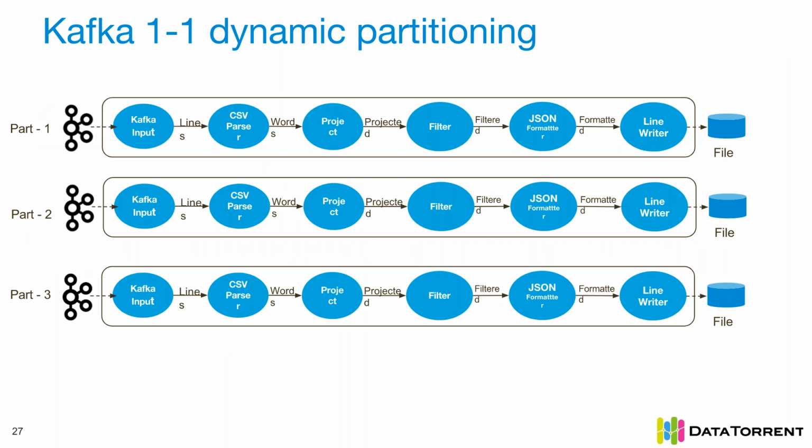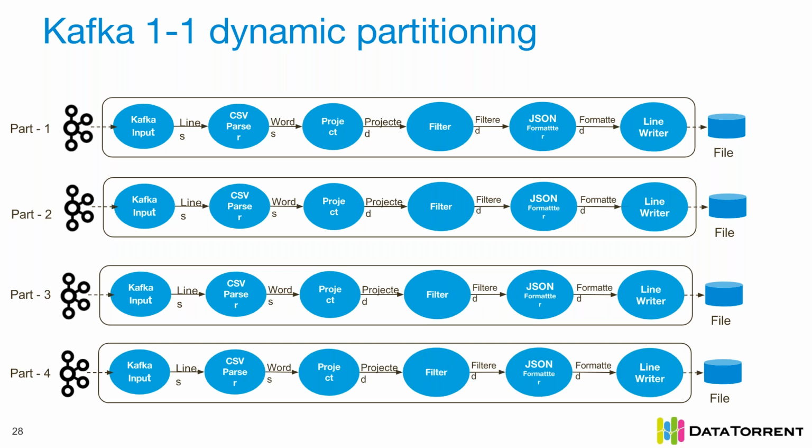This is what the pipeline will look like with parallel partitioning. When you have various partitions with parallel partitioning, your application is scaled up with the same number of partitions at each stage.